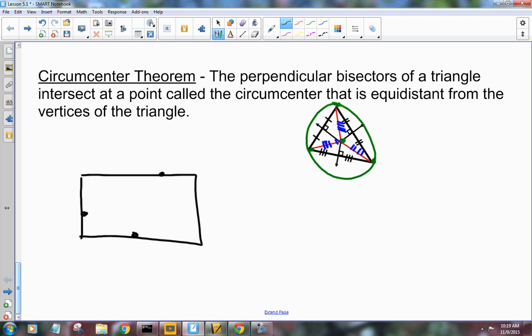I want to put the bathroom equidistant from the exits of the building, okay? Now, the 3 exits create a what? They create a triangle, don't they? Okay? And so if I want to pick a bathroom or put a bathroom equidistant from the exits, where might I put it?